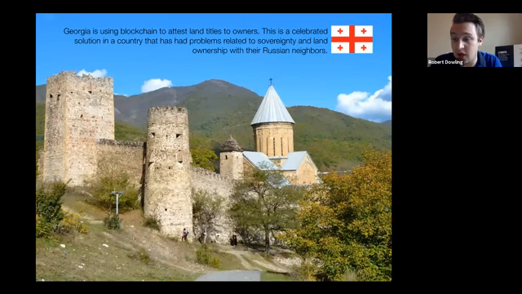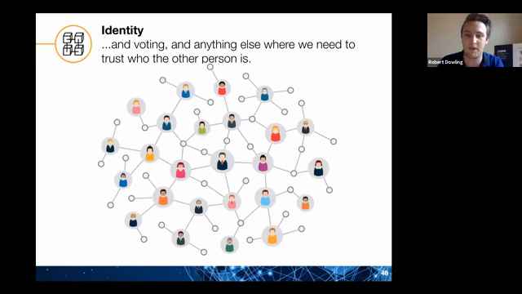Countries like Georgia, this ex-Soviet satellite state, and places like Japan and Nigeria, they're testing using smart contracts to encode land titles, because the ownership over the land sometimes is not secure and can be easily changed if it's just kept on paper at a government office. Keeping it on the blockchain and encoding it with a smart contract guarantees that the people that own their property will always have, let's call it paperwork, but digital evidence that they own that property.